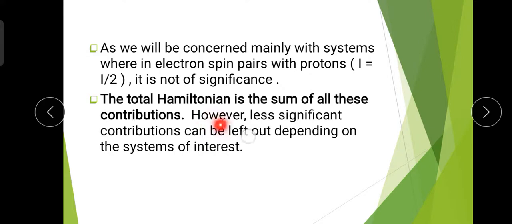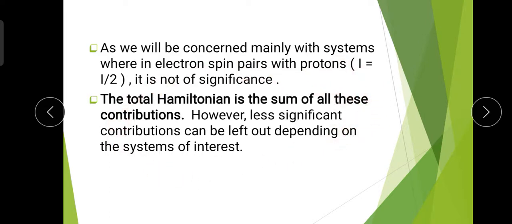However, less significant contributions can be left out depending on the system of interest. That means that out of the interactions we have considered, those that are less significant can be neglected. This depends on our system of interest, that is, which type of system is considered, and our Hamiltonian depends on that.